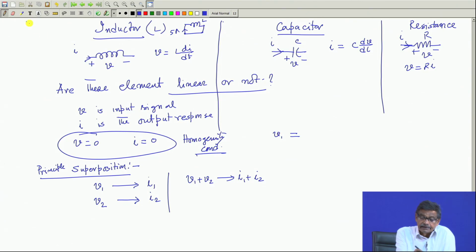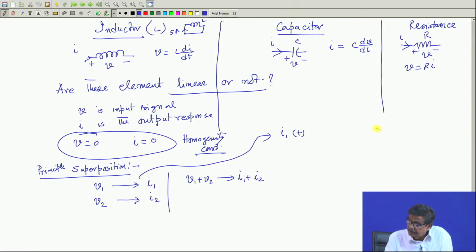I will write it like this: response in an inductor current I 1 t, you apply V 1 alone. So, I will also draw the circuit, so that no confusion remains. You have applied a voltage V 1, this current is I 1.